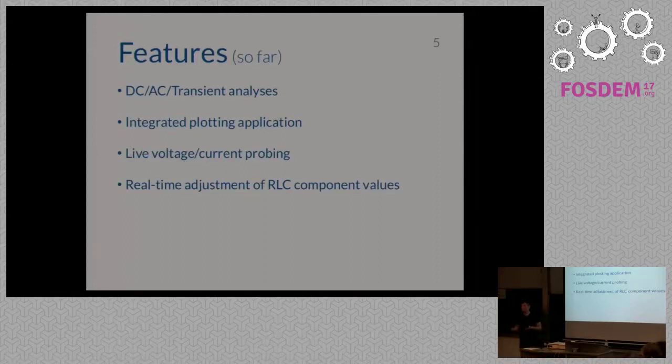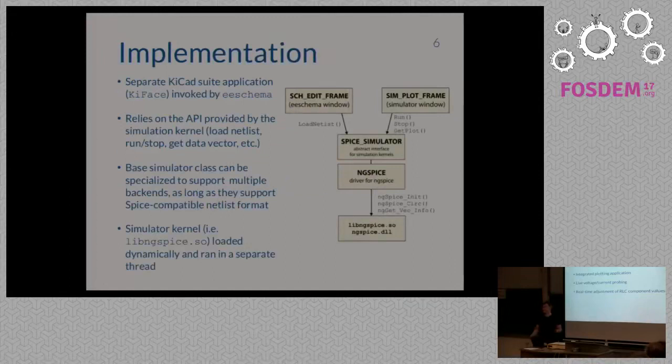Think of it as a virtual scope probe. Another nice feature is that we can adjust the values of the RCL components in real time. This lets you observe how the operation of the circuit changes live.